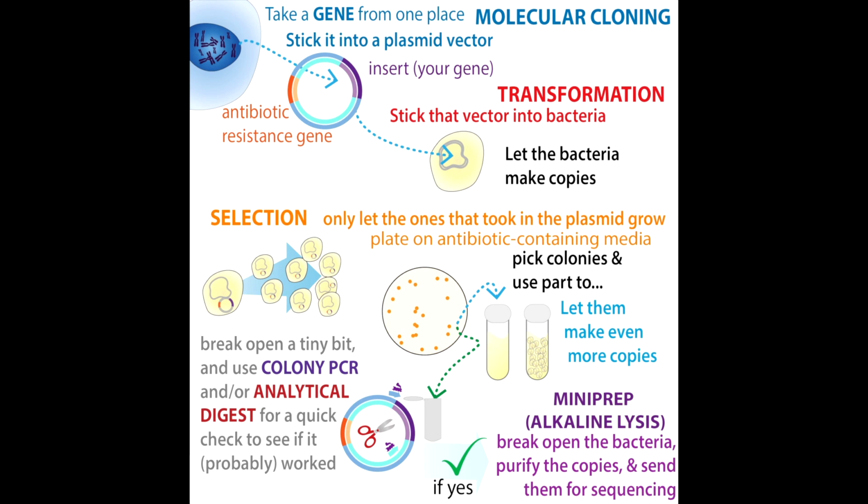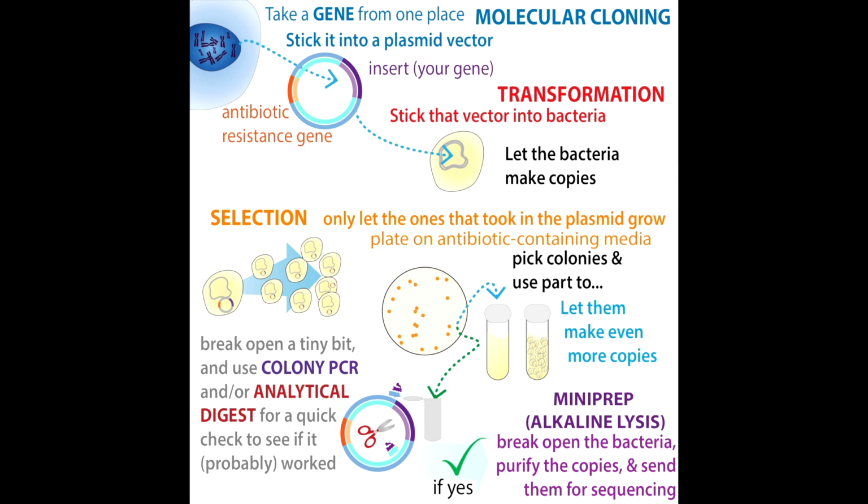So if you grow the bacteria in the presence of that antibiotic, so basically you spike the bacterial food with the antibiotic, then only bacteria that have the plasmid will be able to grow. This allows the bacteria to multiply, but only the ones that contain the plasmid. And so they'll make lots and lots and lots of copies of that vector.